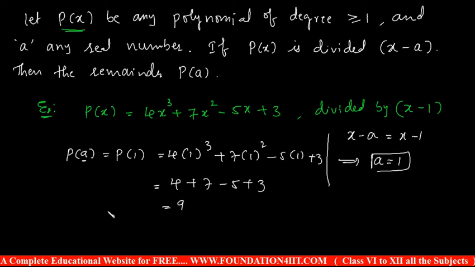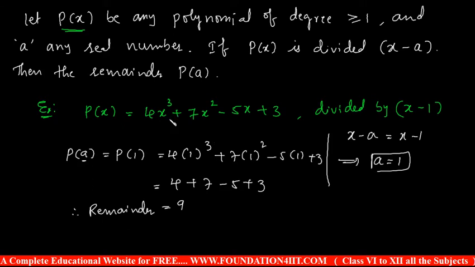So we got the remainder as 9. If anything is divided by a polynomial like x minus 1, find the x value: x minus 1 equals 0, then x equals 1, so a is equal to 1.